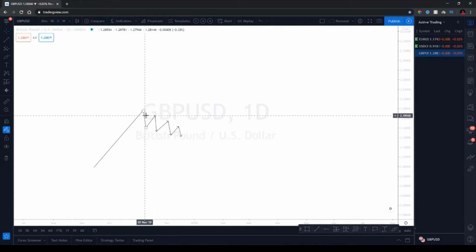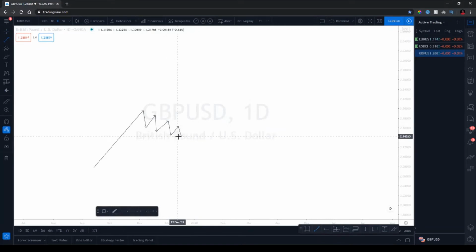And then once we get this pattern, if the pattern goes the opposite direction of the impulse, so our impulse is going up and our pattern ultimately altogether is going down, it is confirming that the market still wants to go up.